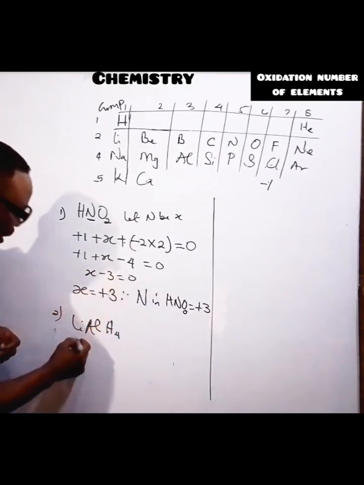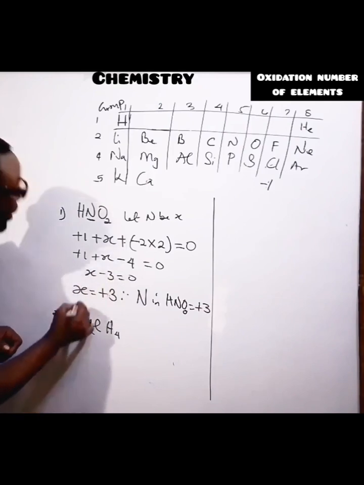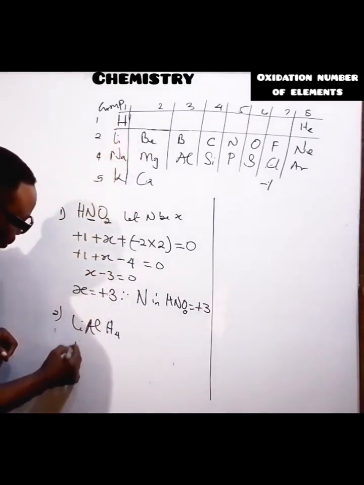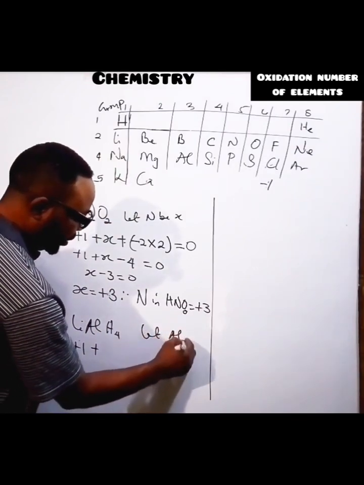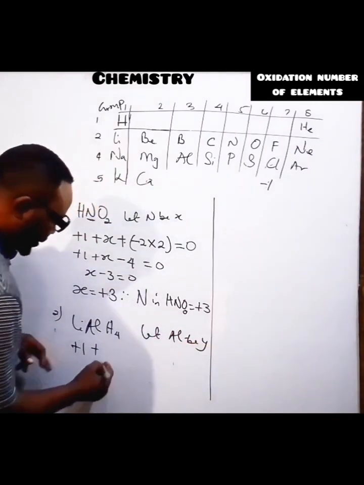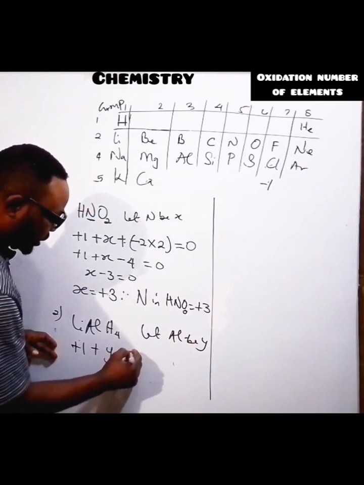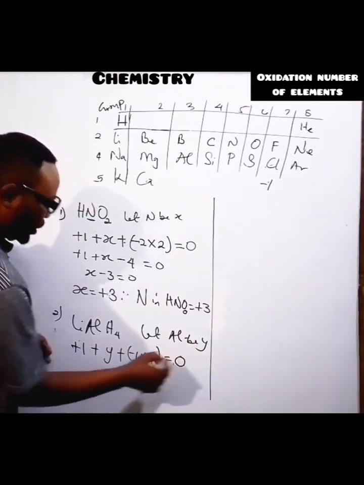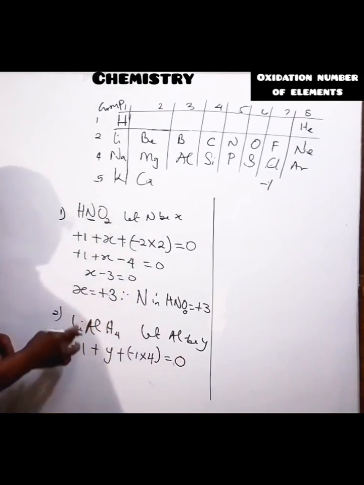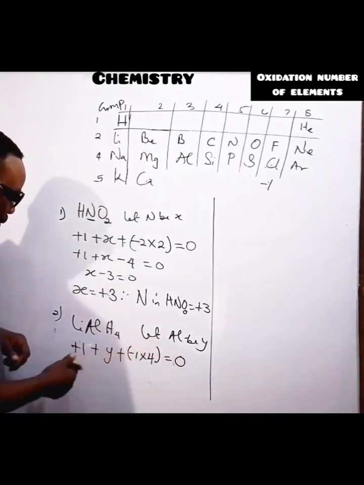So in this case, lithium here is +1, plus aluminium, let Al be Y, plus (-1 × 4) will be equal to 0. The summation of all the oxidation numbers will be equal to 0.